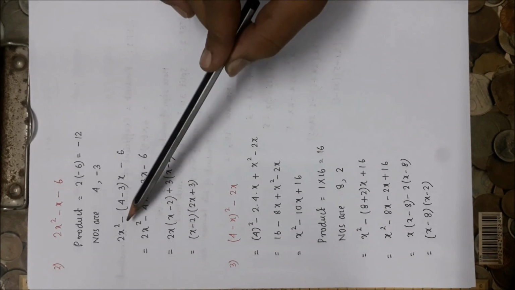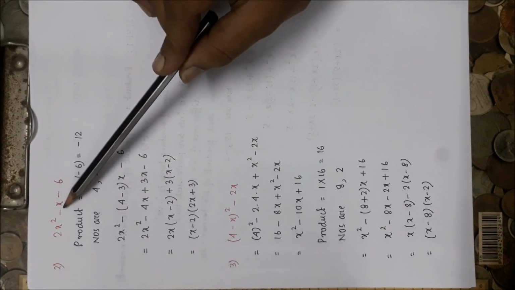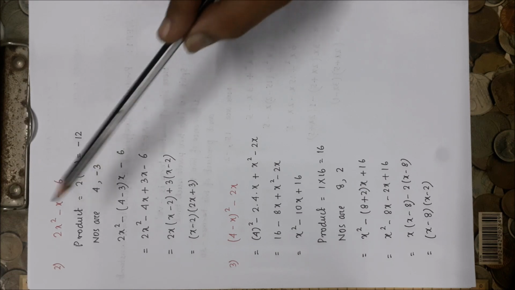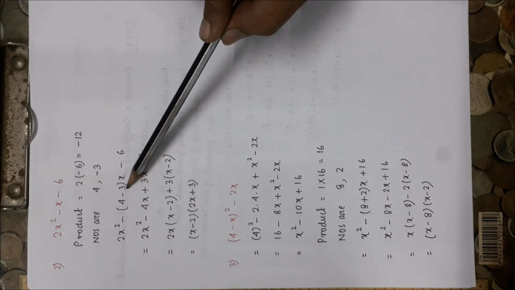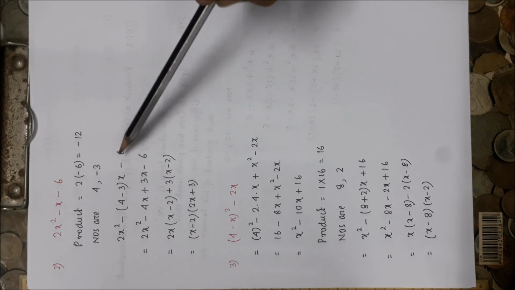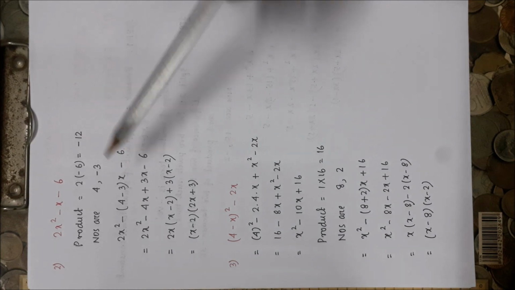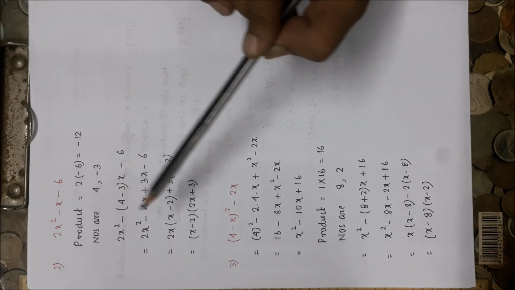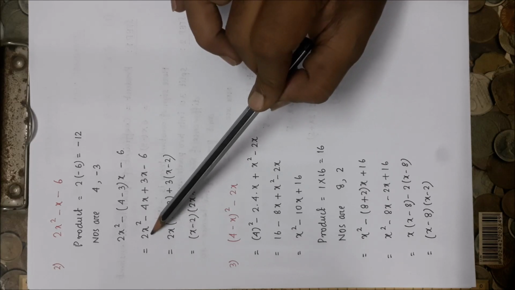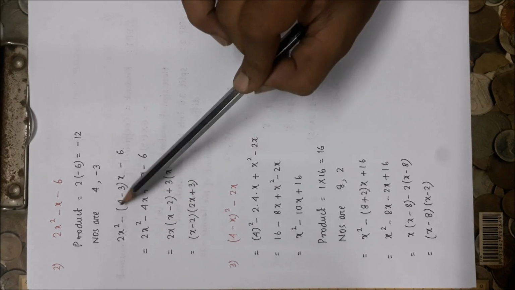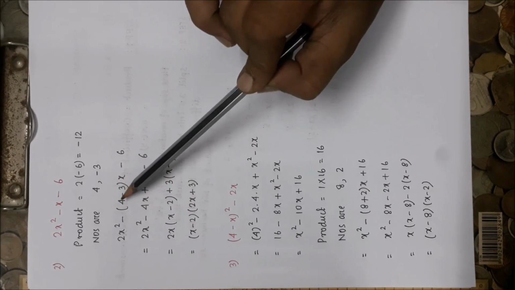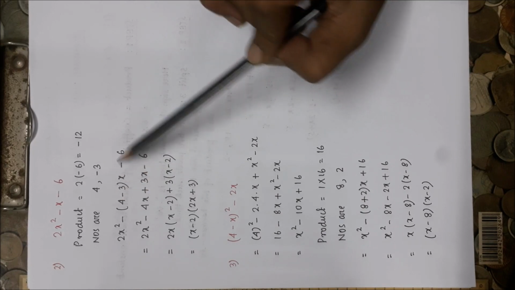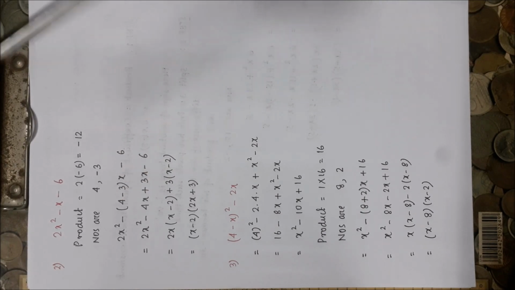So 2x square minus, coefficient of x is 1. So in place of 1 I am writing 4 minus 3 into x minus 6. Next step is multiply the numbers. So we'll get 2x square minus 4x plus 3x minus 6.